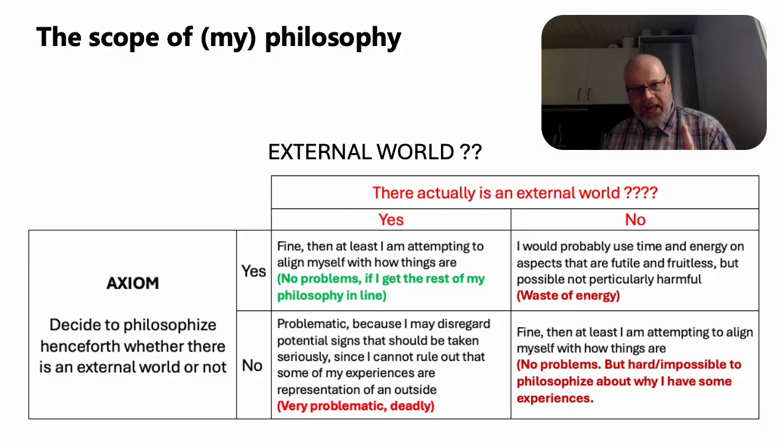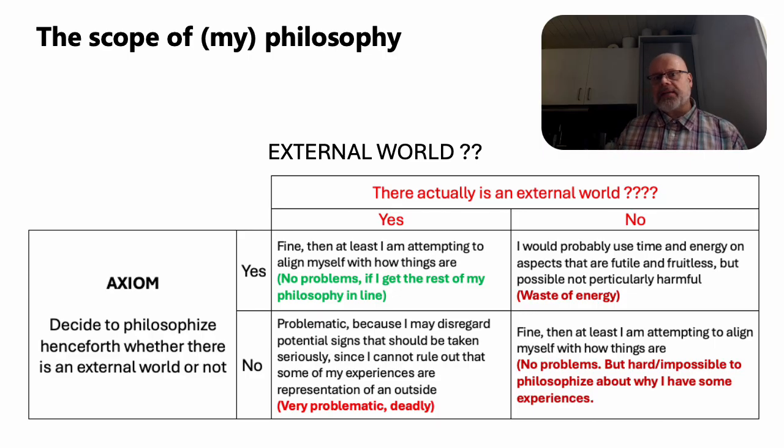But at the same time, I have to remind myself, just because I decided so to act accordingly doesn't mean I created an external world all of a sudden, right? Be careful. I'm just going to treat some of my phenomena as if they are a representation of the external world. That is also an axiom, because that doesn't follow.